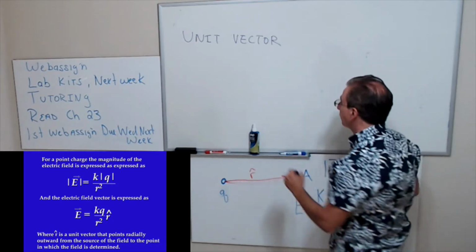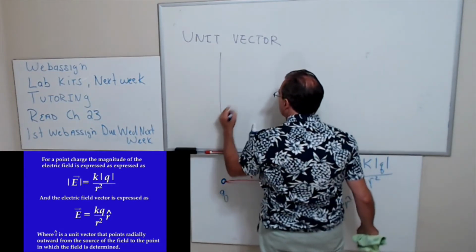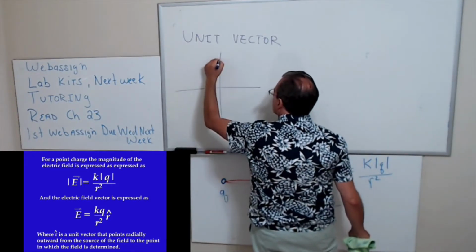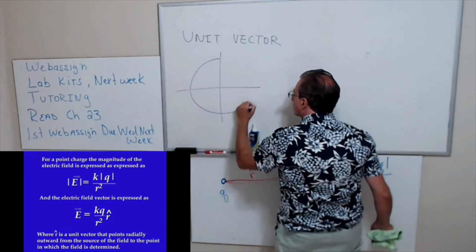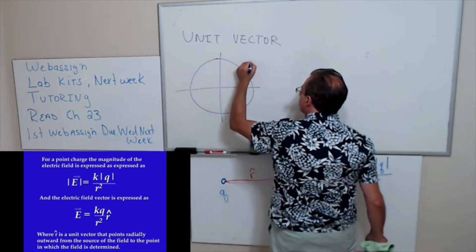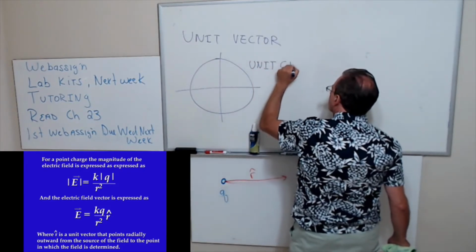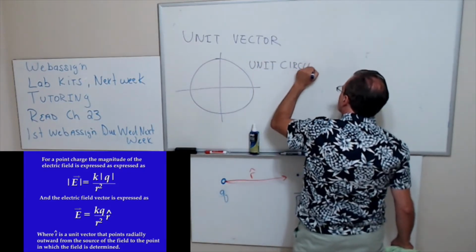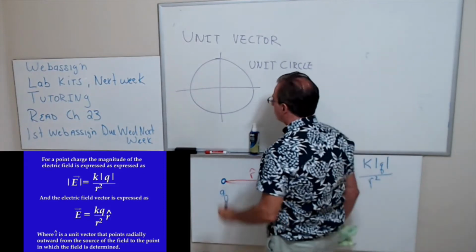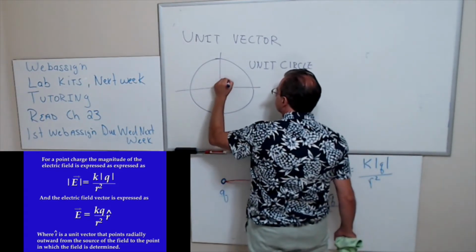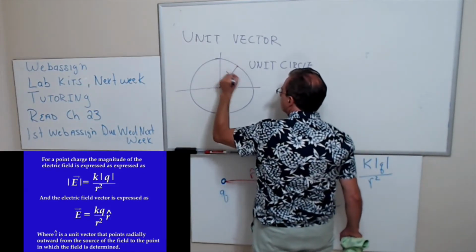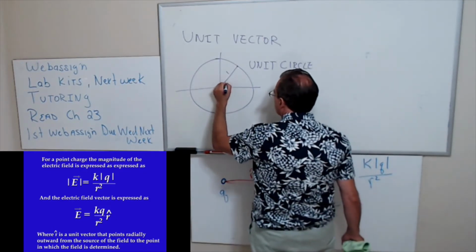If you remember from trigonometry, you draw the unit circle. You have this thing of radius 1.